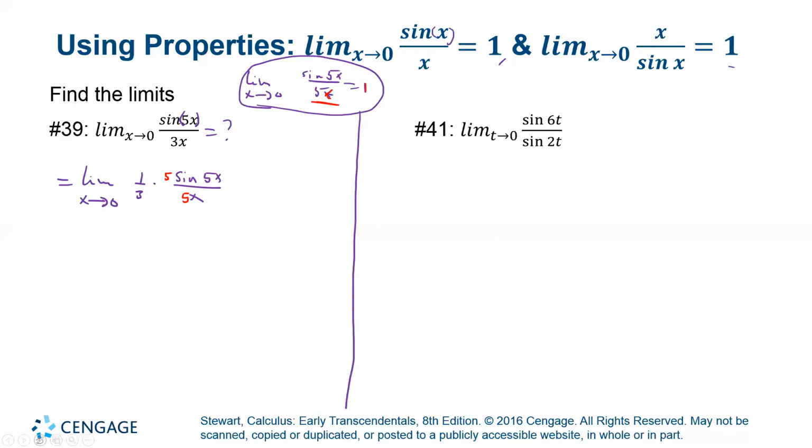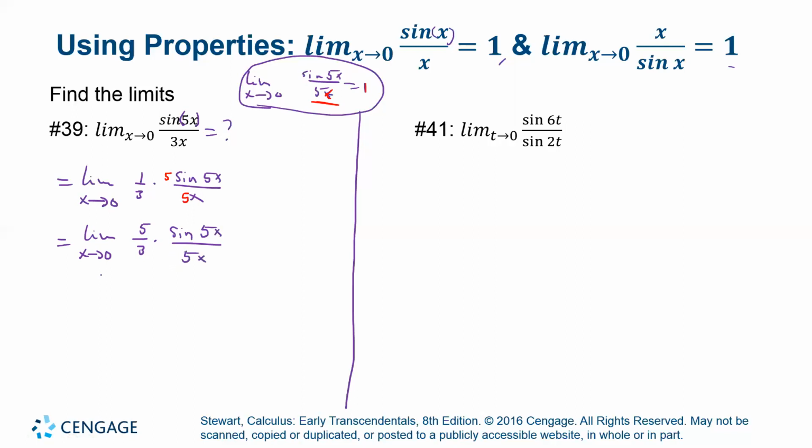So look at how we do that. I have my 1 over 3 there, so what we have is basically the limit as x goes towards 0 of 5 over 3 times sine 5x over 5x.